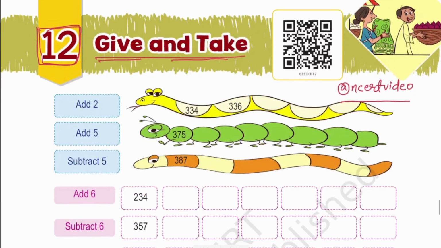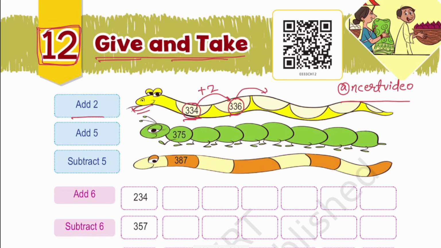Here a picture of a snake is given and it is written add 2. On the snake's body it is written 334, 336. That means 2 is added to 334. That makes 336. If we add 2 to it, it will give 336.